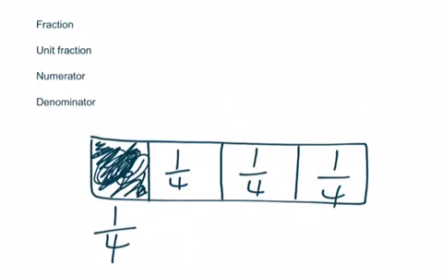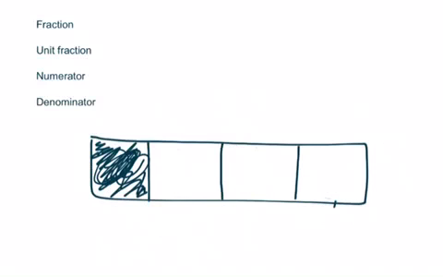whole. Alright? Now we're going to talk about our numerator. Our numerator is how many pieces that we're using, or that are still there, or that are being represented. So right now, in this fraction bar, how many pieces are colored in?